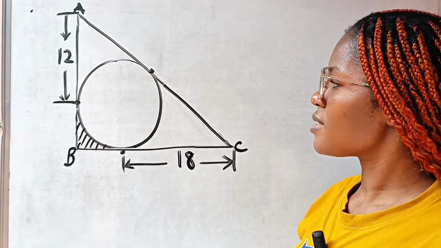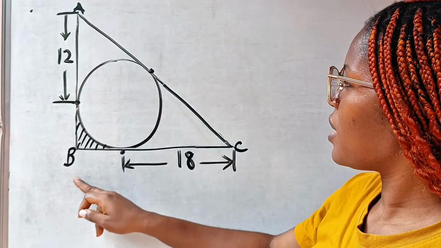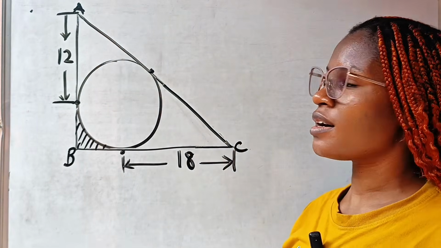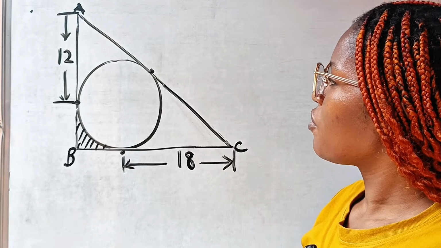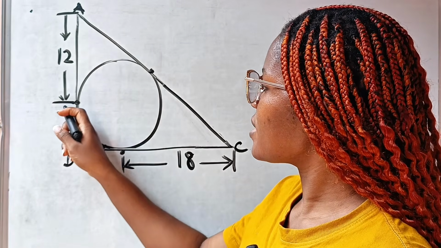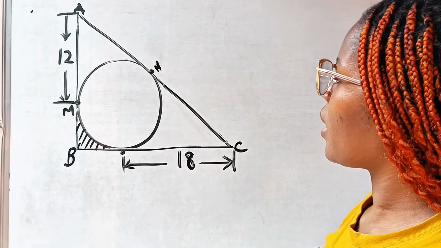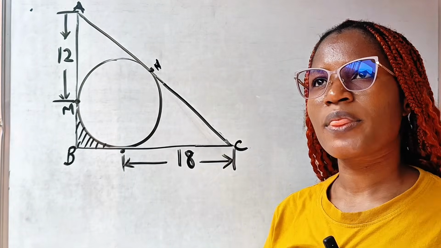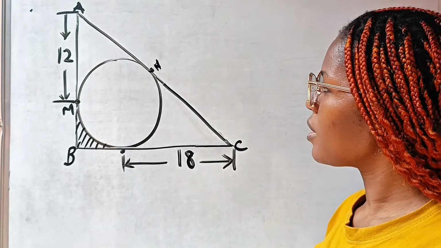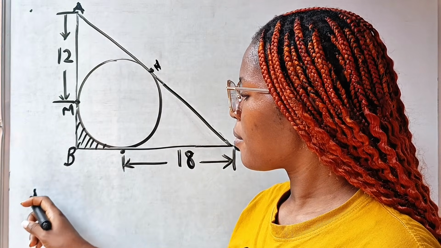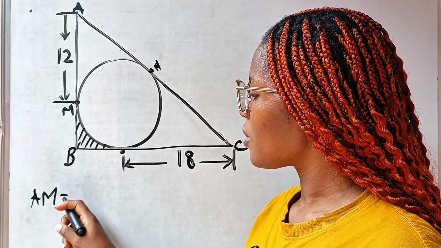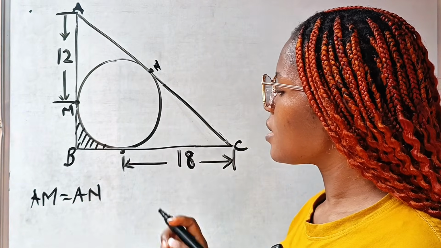Now if you look at this, you can see that we have AB and AC. Taking that into consideration, if we call this point M and this point N, then using the tangent theorem, we can say that AM is equal to AN.